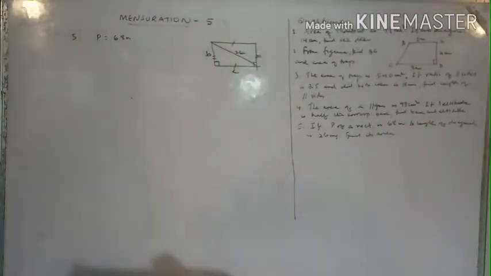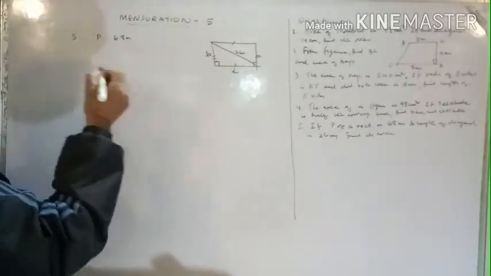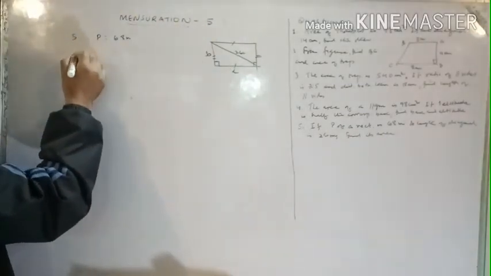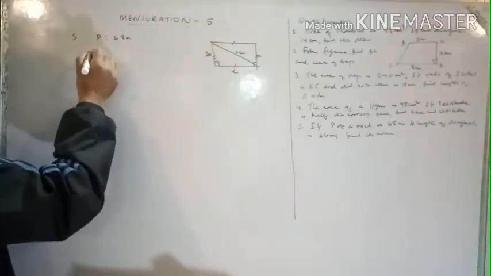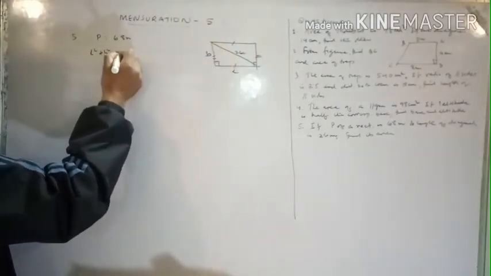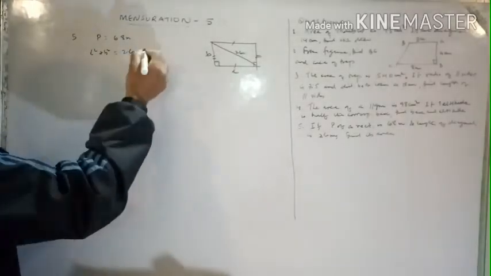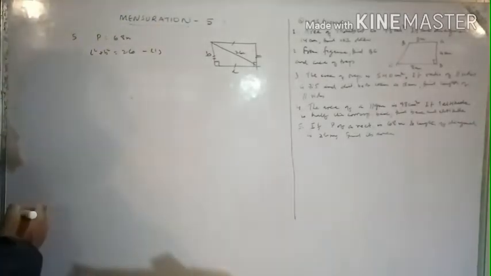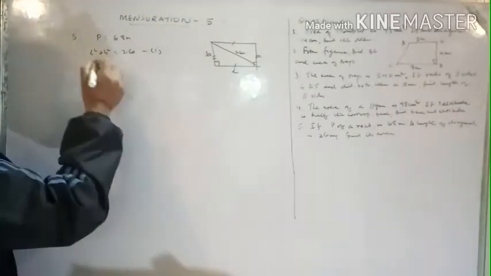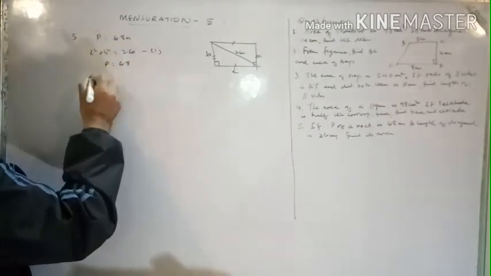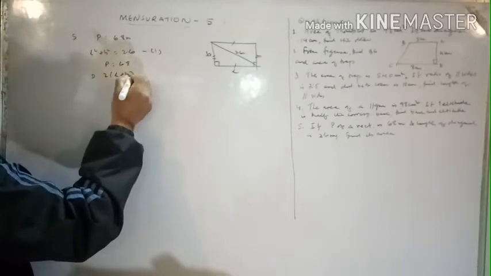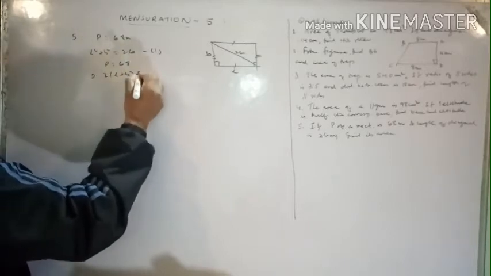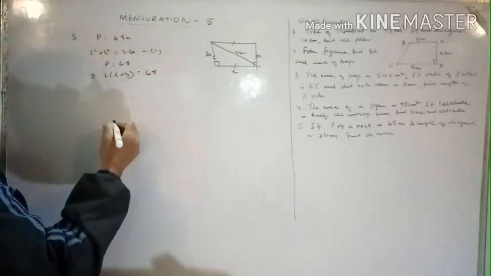So now what we can find out is, therefore, using Pythagoras theorem, L square plus B square equal to 26 square. And P equal to 68 implies 2 into L plus B. This is the formula of perimeter, equal to 68.